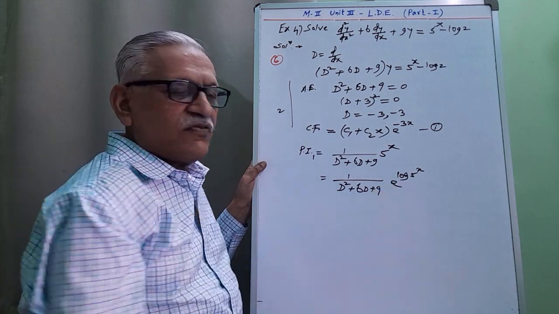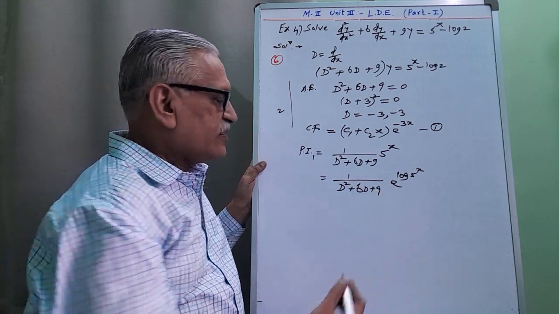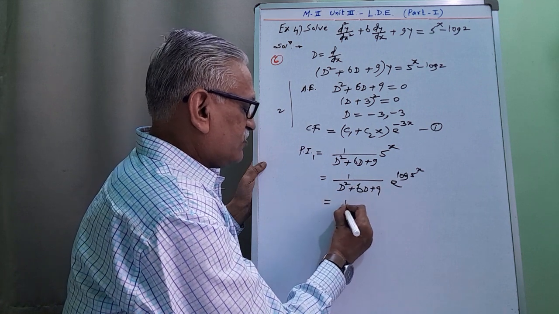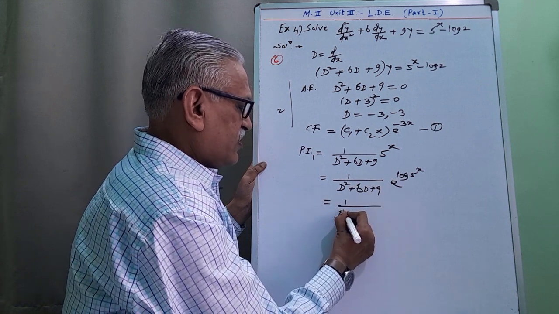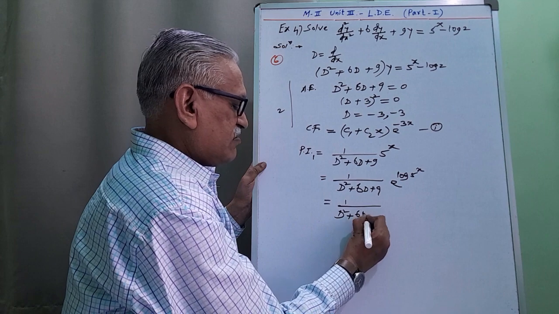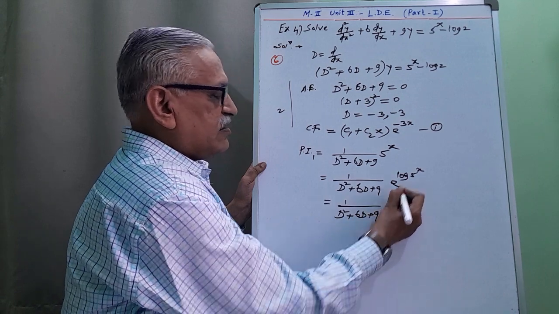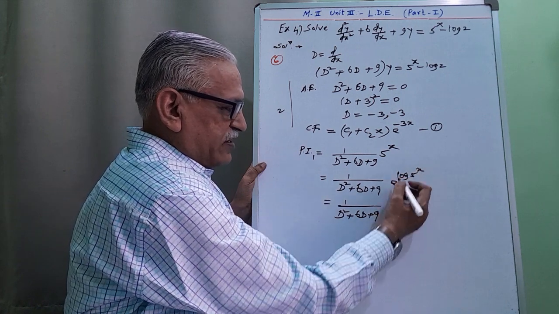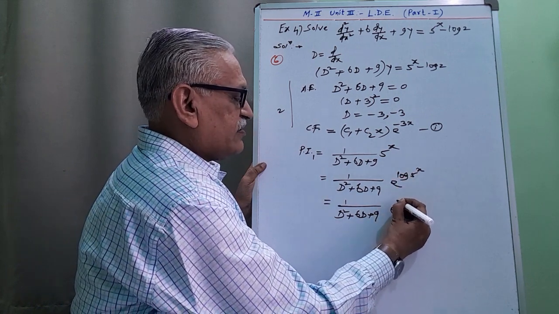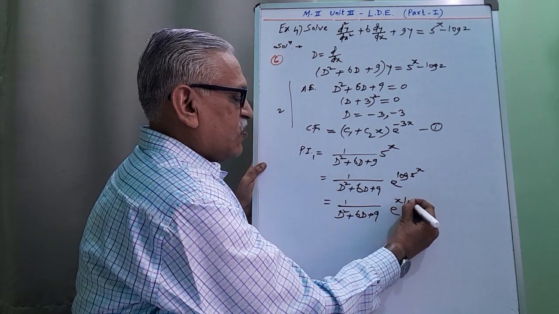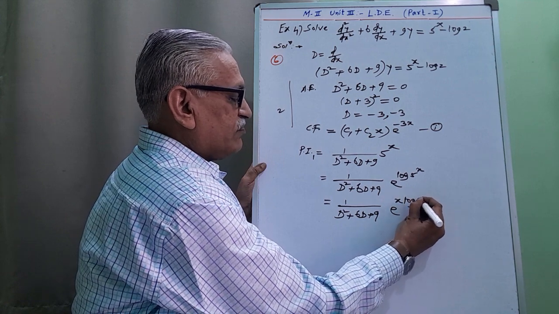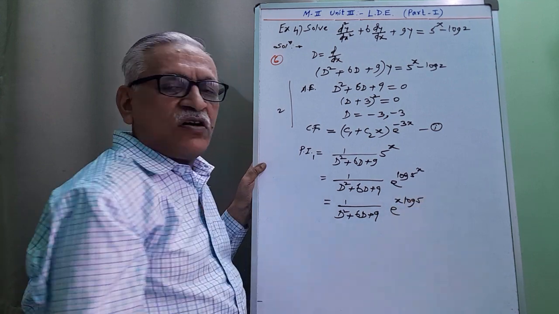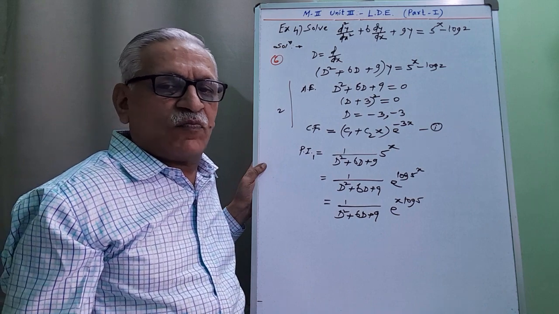E and log cancel, we get the original 5 raised to x. Then it is 1 upon D square plus 6D plus 9. As per the laws of logarithm, this power we can take as x log 5, since m log n is nothing but log n raised to m.